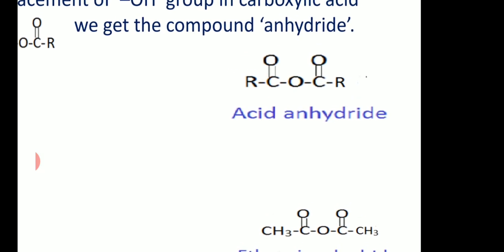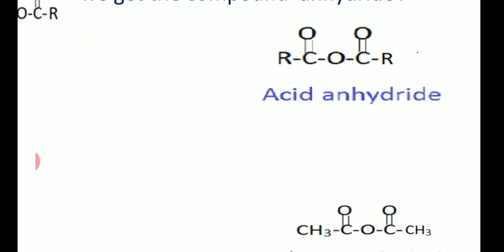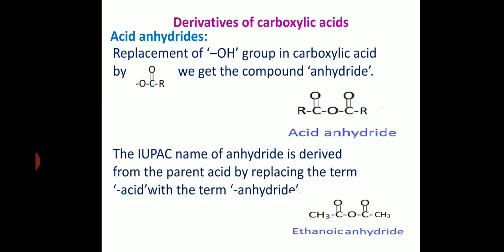How has this name come? In place of R, CH3 groups are substituted here. Yes, we shall see the nomenclature. The IUPAC name of anhydride is derived from the parent acid by replacing the term acid with the term anhydride. From which parent acid is this anhydride derived?